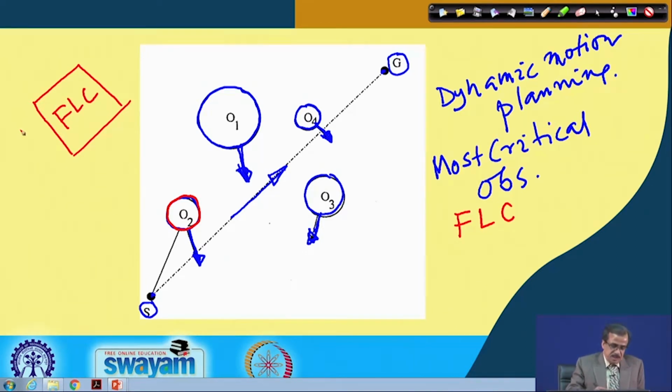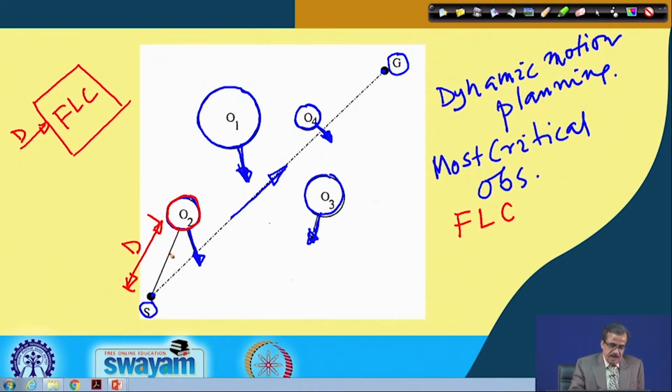The distance between the robot and the most critical obstacle, and we have to consider its boundary, is one input for the fuzzy reasoning tool. Another input could be the included angle, that is G, S and O2.